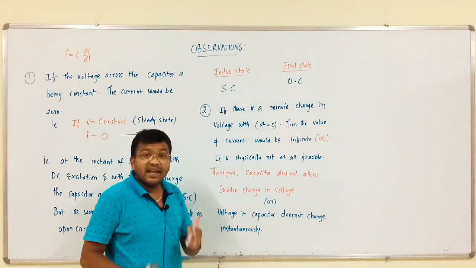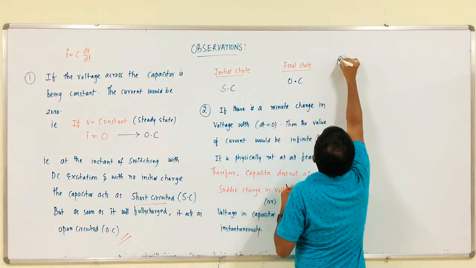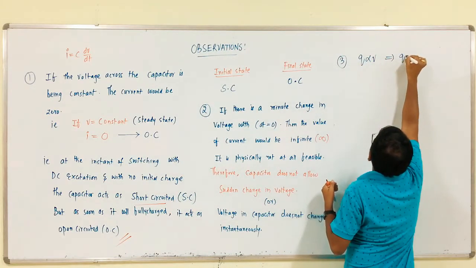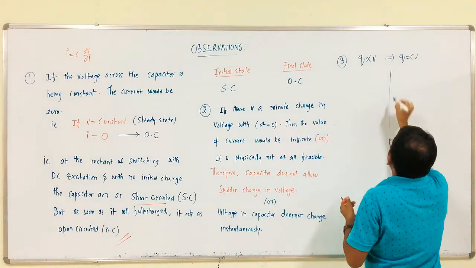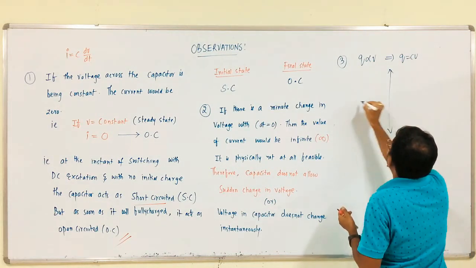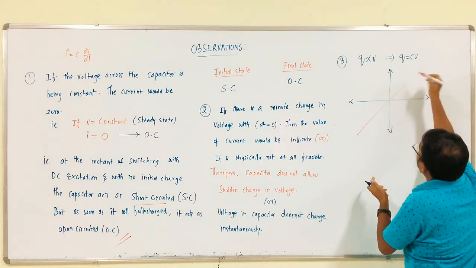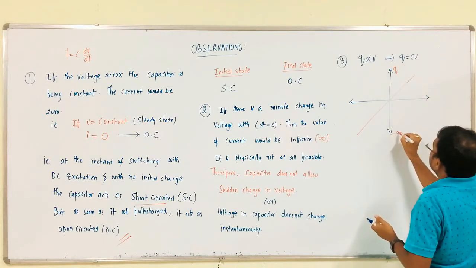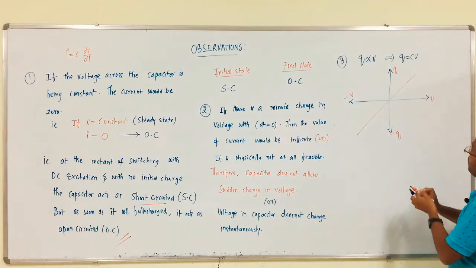Does not change instantaneously. Next point is, we all know that Q is proportional to V, which is Q equals CV, right? This is Q, this is minus Q, this is V, and this is minus V. This is what?